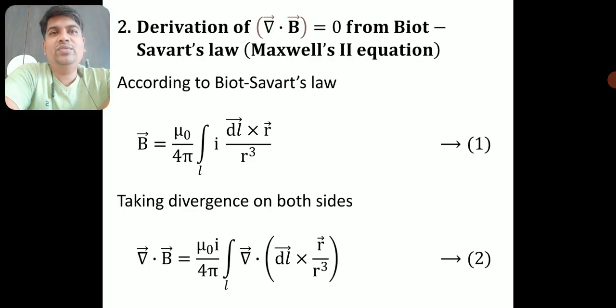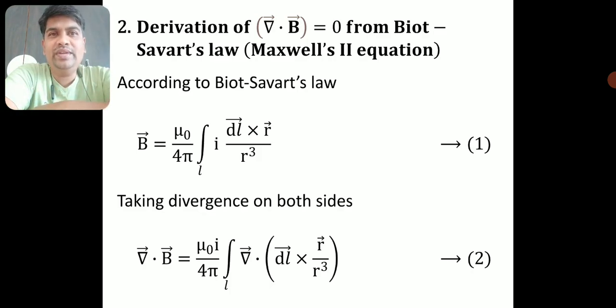So in the numerator I will have an r vector, and the denominator r square becomes r cube. Otherwise you can write it as I into dl cross r cap divided by r square. So r cap by r square is fine, or if you want to write the vector, r vector by r cube is also okay.